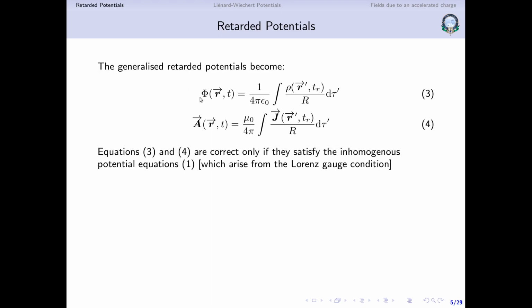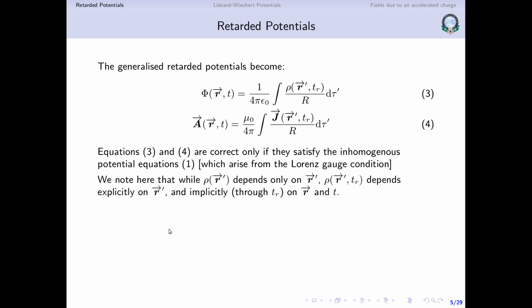Now if you are trying to find the gradient, you are applying the gradient on this side, then you have to apply the gradient on this side as well, gradient with respect to the position r. Now we'll have to see what we would have done in the static case.